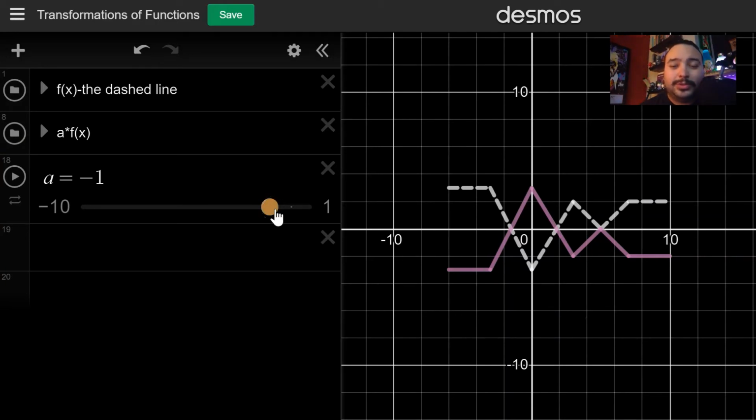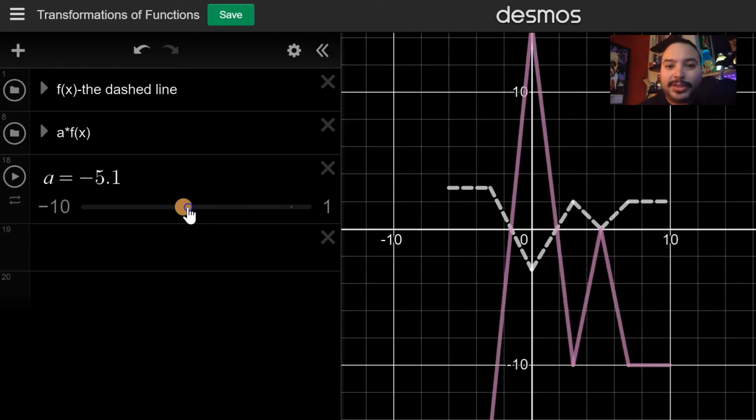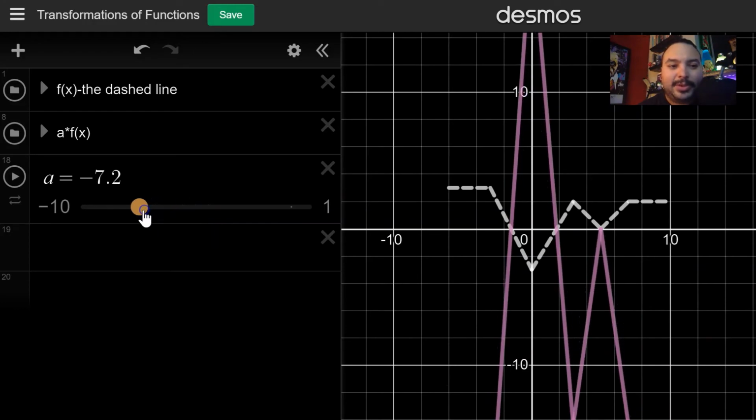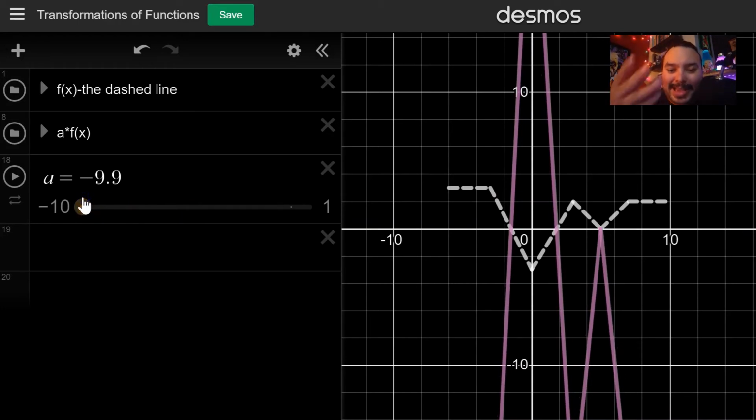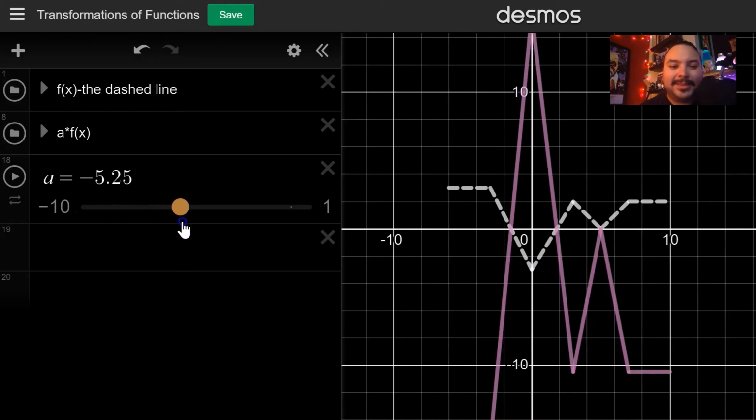But I do want to remind you guys of something. The absolute value of a still works the same way as a positive number. So even when a is negative, it's still going to work the same as if a was positive. As I make a larger negative number, so if you're just thinking of the absolute value of a, then the graph gets stretched and reflected across the x-axis.